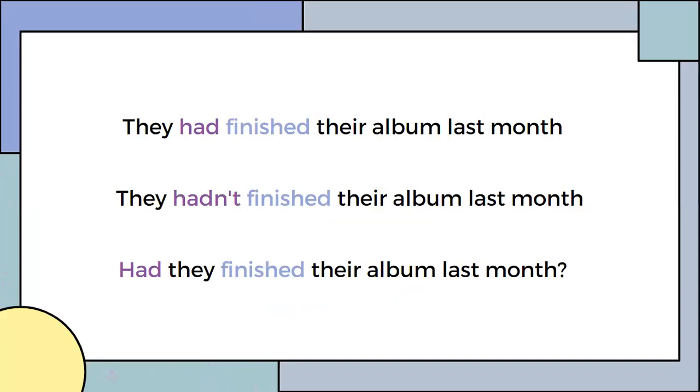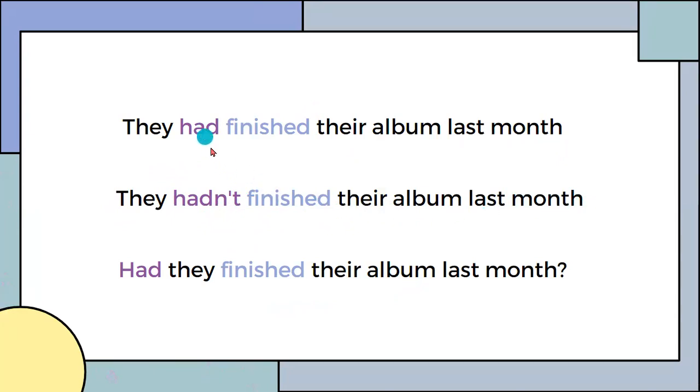And here, I took the same sentence in the different forms. Affirmative, they had finished their album last month. The negative form, they hadn't or they had not finished their album last month.